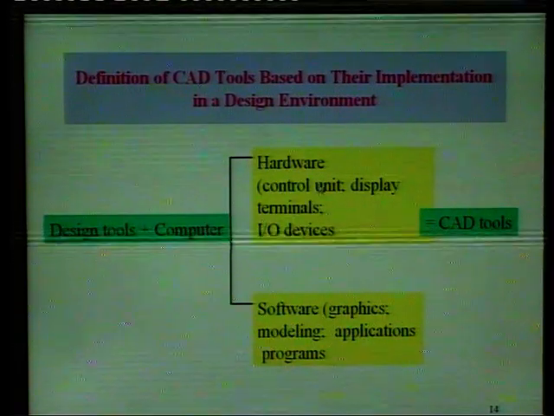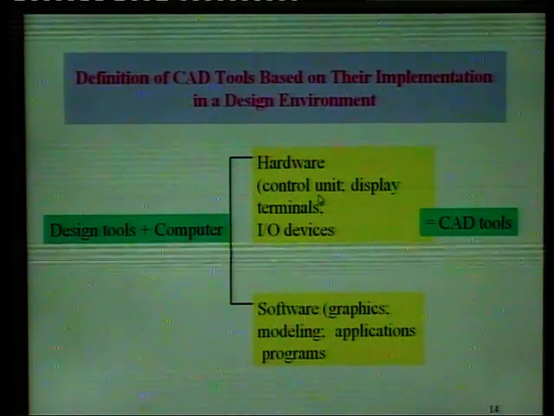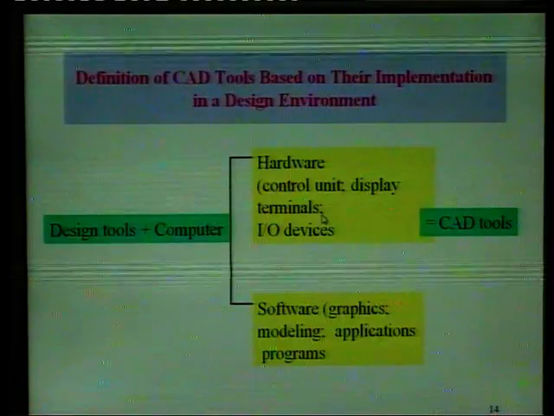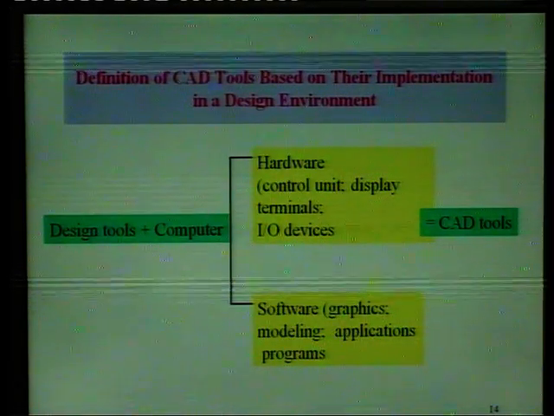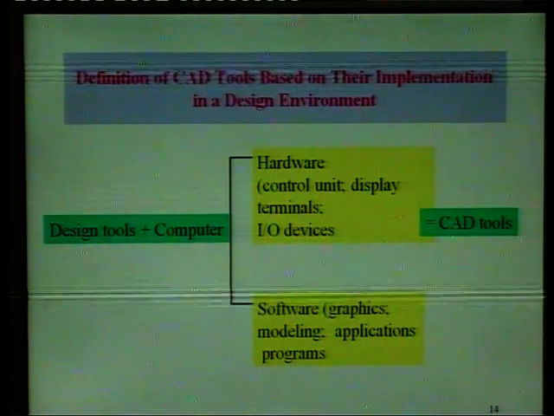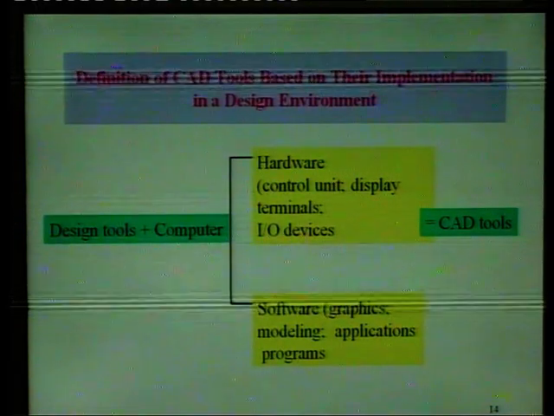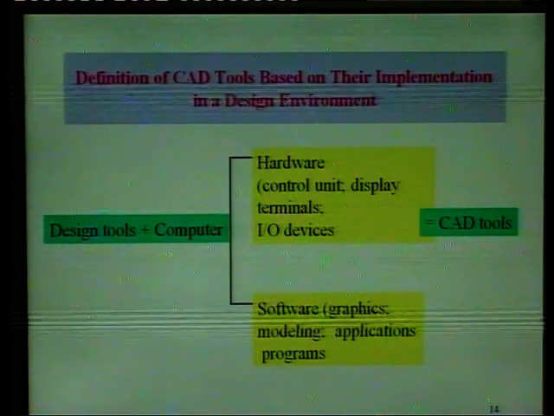The hardware for CAD tools includes the control unit or CPU and display terminals of different types. Previously we used CRT terminals, and presently thinner and bigger terminals such as plasma displays, LCD displays, etc. are in fashion, and there are different types of input and output devices.